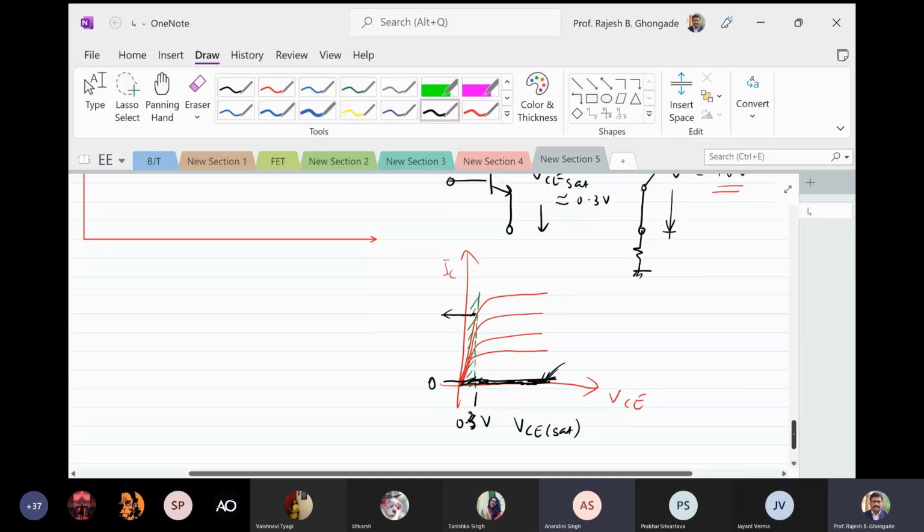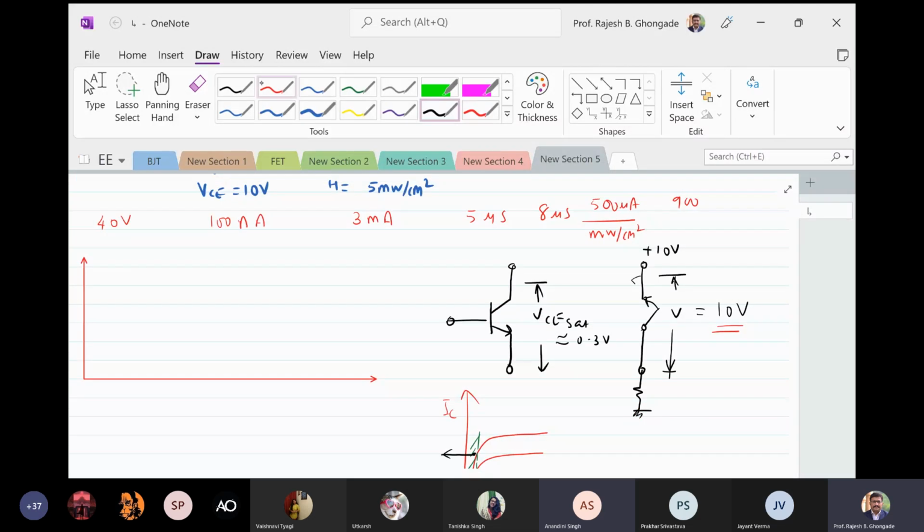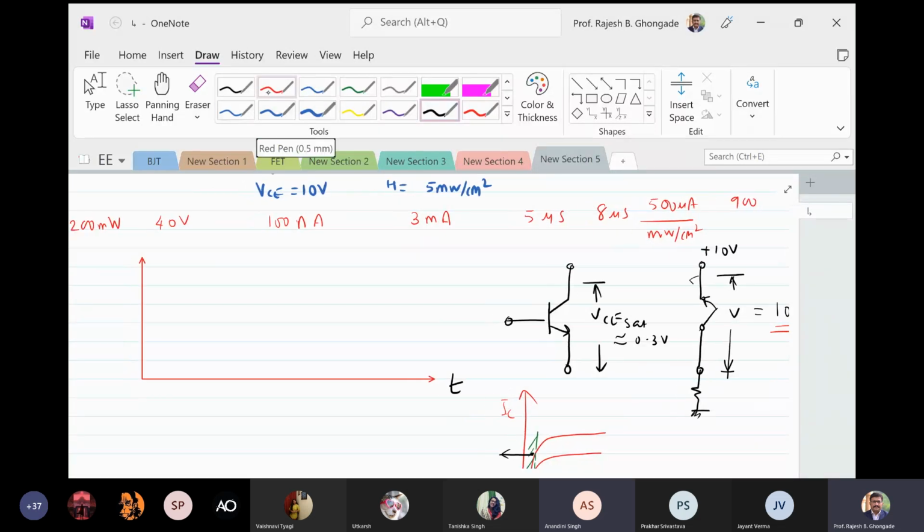So if I have an ideal switch, and let us say I plot the voltage with respect to time, and if I open and close the switch, what will be the voltages across the switch, ये देख लेते हैं. Okay, so when the switch is open, उसके अक्रॉस मैक्सिमम वोल्टेज होगा, है ना? ये जो भी है V maximum.